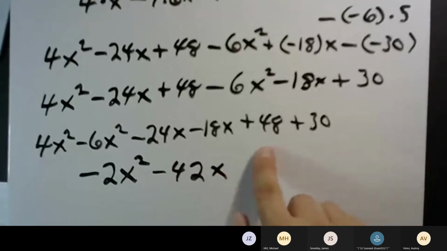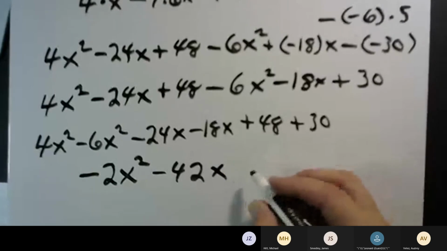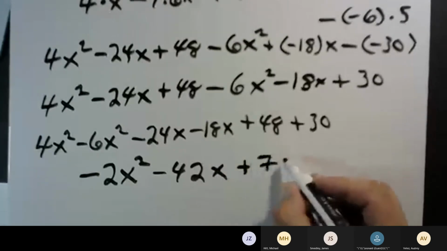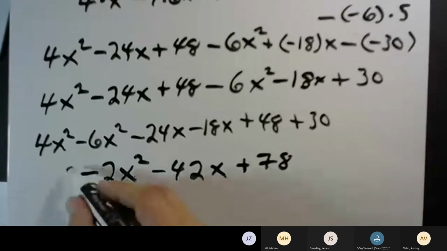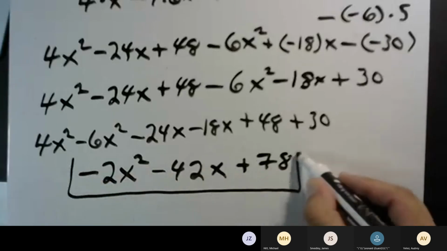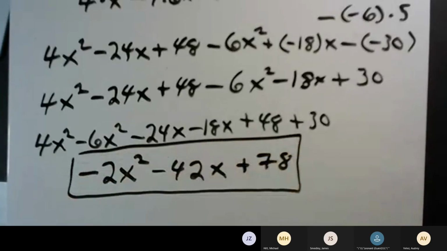And then for the constant, type constant, that's going to be plus 78. And that's going to be our answer. Questions about that? All right.